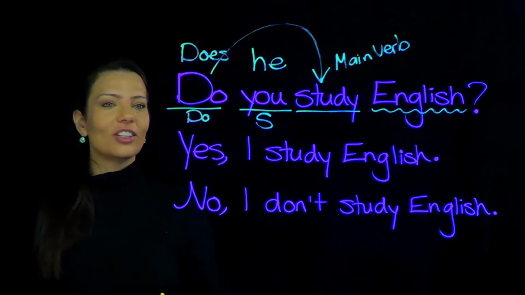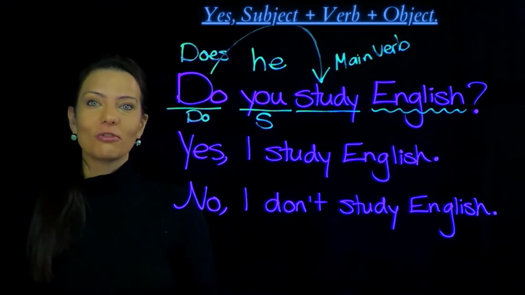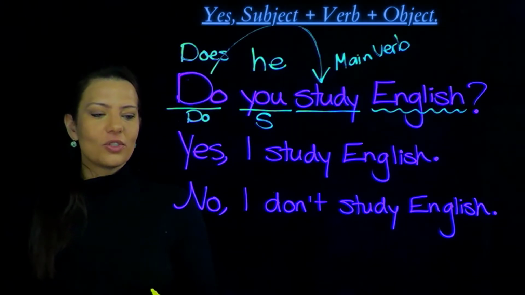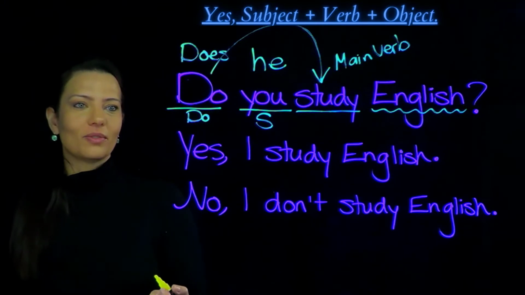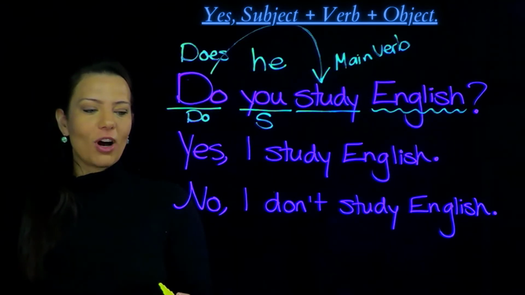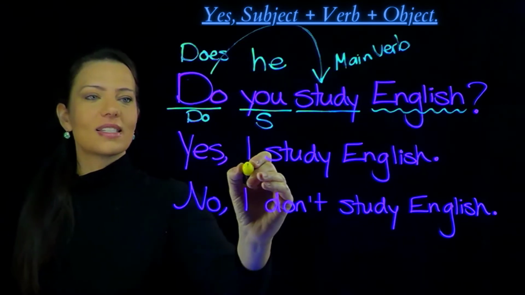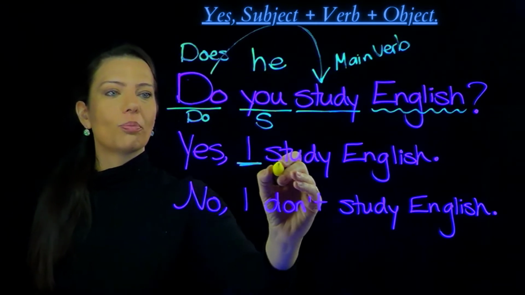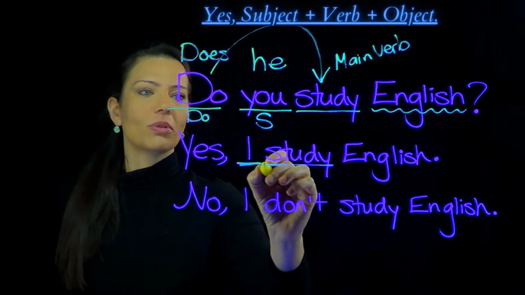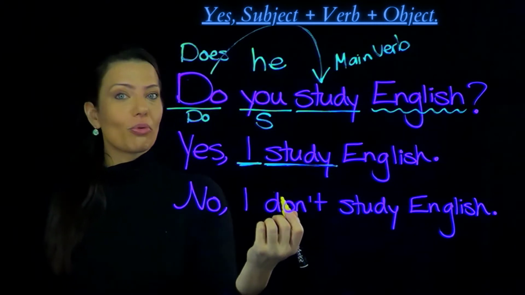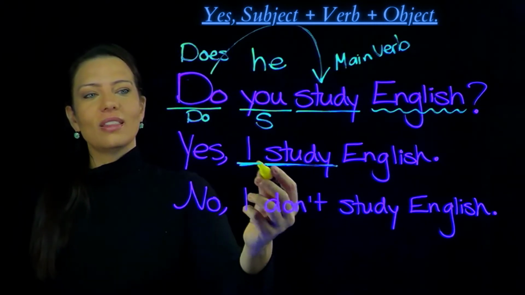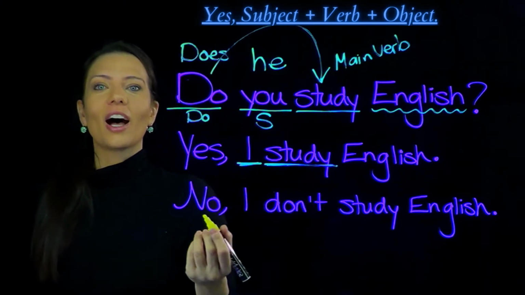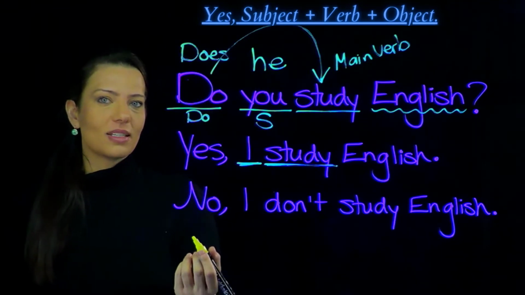Now let's take a look next at the affirmative statement. So in the affirmative statement, we can see here that we follow the pattern subject plus the main verb in the simple present. Now, in this case here, we do not need a helping verb in the positive statement.